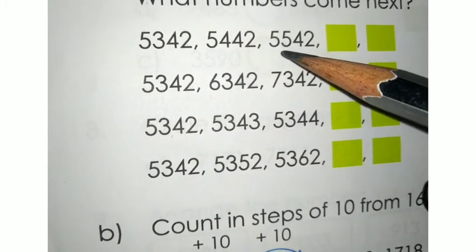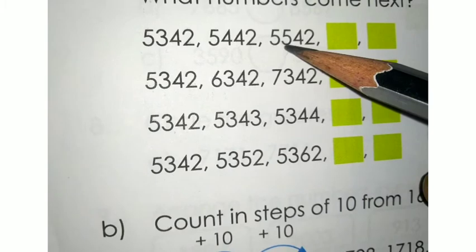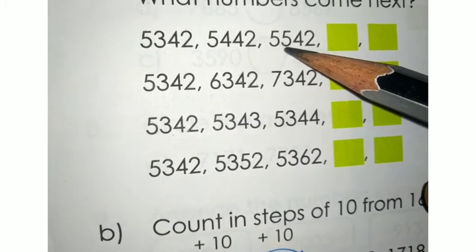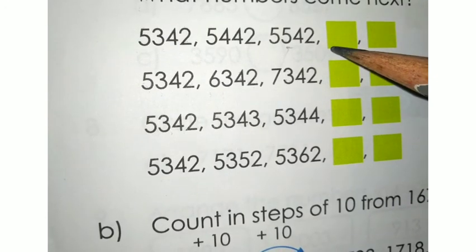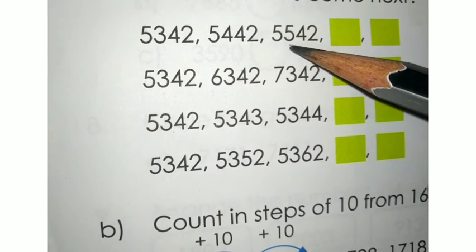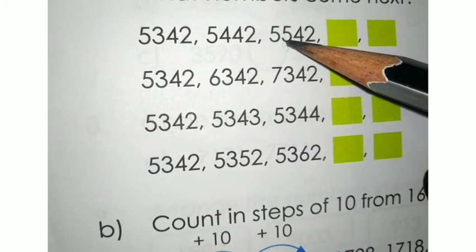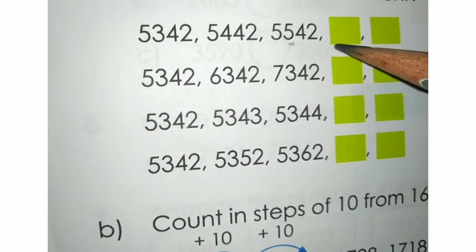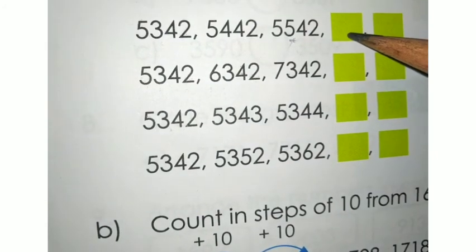In the hundreds place only the value changes, it increases by 1 from the beginning, 3, 4, 5. So in the next box we will get 5642, which means in the previous number 5 is there. If you add one value, then we get the answer as 5642.